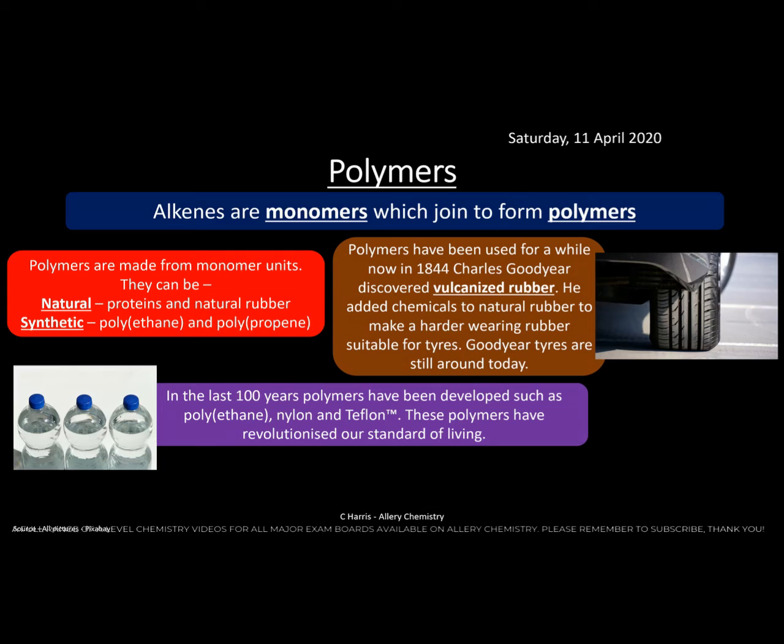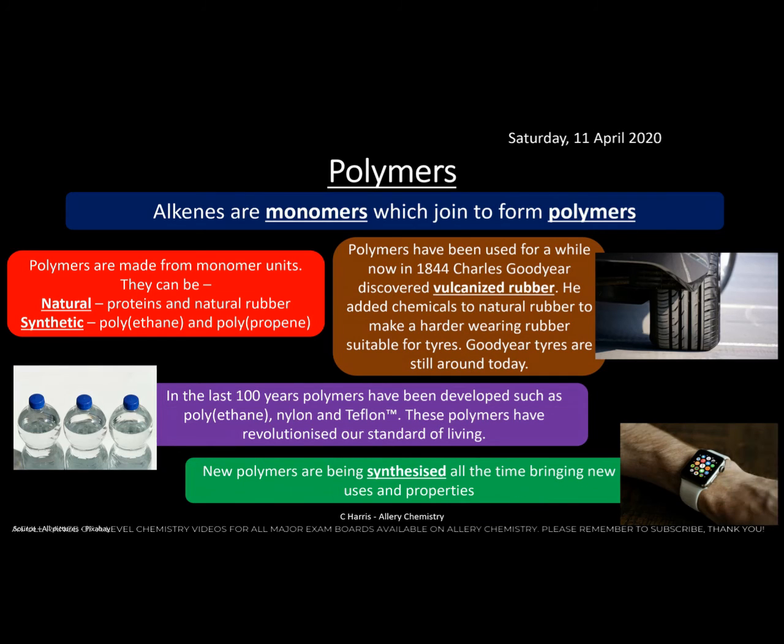But naturally, there are environmental issues to do with plastics, and science is now taking steps to try and develop plastics which are more environmentally friendly, and still have the same functionality as we have today. We also have new polymers, such as in smartwatches, smartphones, mobile phones, computer screens, tablets, which is what I'm using right now. They all have polymers which allow us to have gadgets which are lighter and smaller.